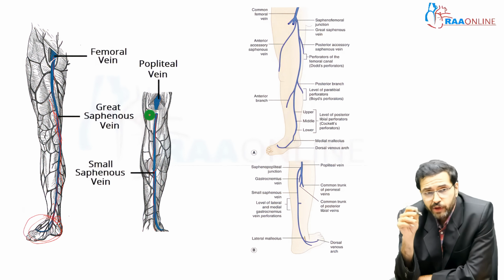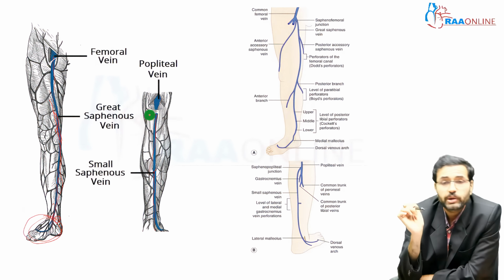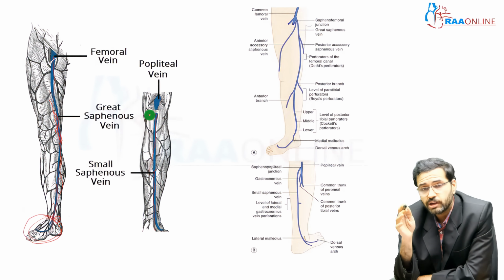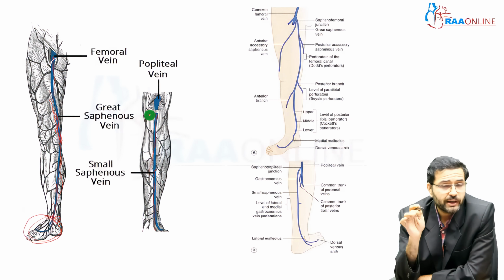Now, this saphenopopliteal junction, where the short saphenous vein drains into the popliteal vein, is variable in location. Unlike the saphenofemoral junction, which is located 3.5 centimeters below and lateral to the pubic tubercle, the saphenopopliteal junction can be located anywhere within the popliteal fossa.